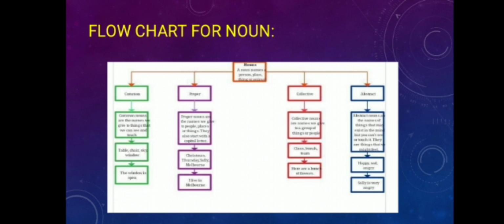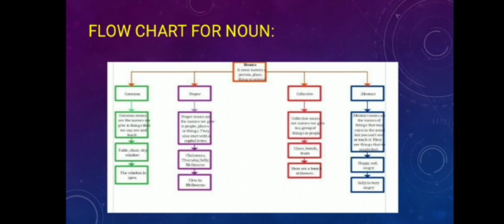It is a small example of a flowchart for noun. It shows noun and some of its types, what it means, what its examples are, and how to make sentences with proper noun, common noun, collective noun or abstract noun.